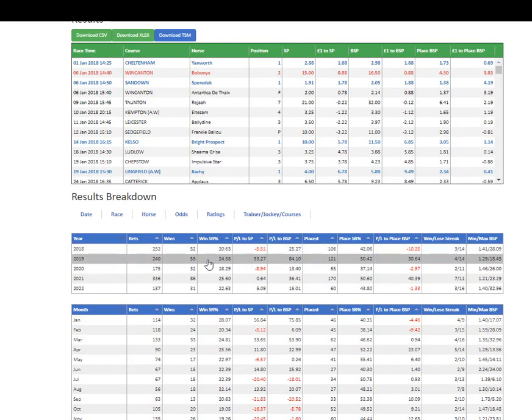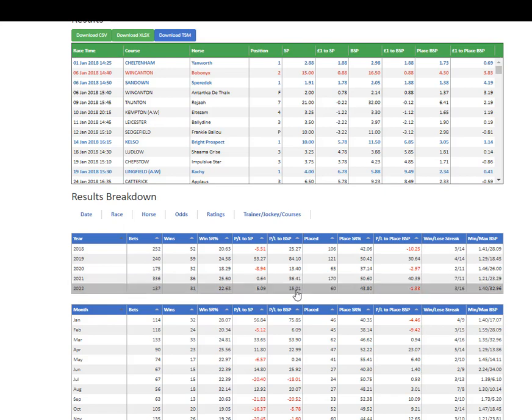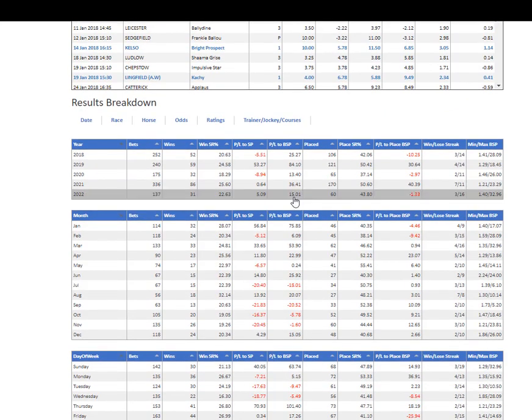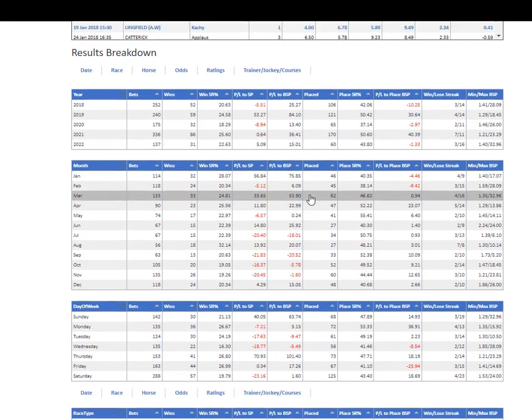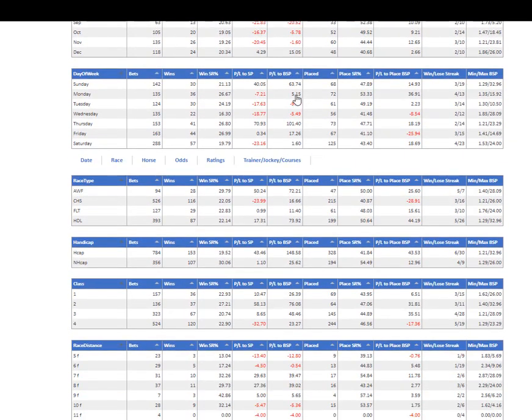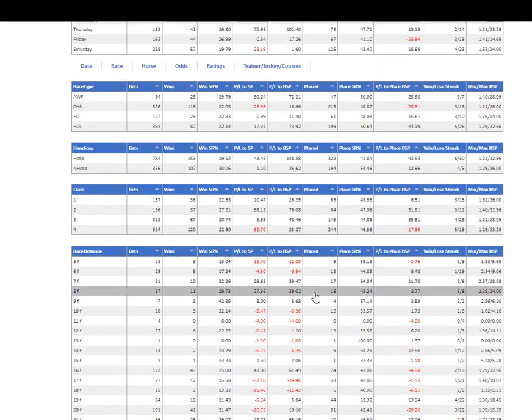And as we can see, it's not massive, but each year has given us a profit. And we're 15 points up already, this is nearly mid-April. So I'm not going to say it's the most profitable system you've ever seen, but we've just turned all those reds, just by using the results breakdowns, into a positive.